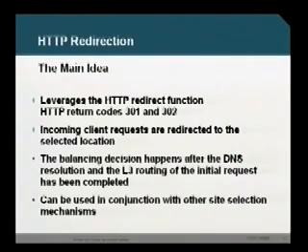Now, HTTP redirection. This is when the DNS resolution has happened. The packet has gone through the internet and has reached the data center, and it has landed on a particular SLB device or application load balancer. So I can look into the packet now. I can proxy the TCP, look into the HTTP headers, and make decisions on where the client should go, right?